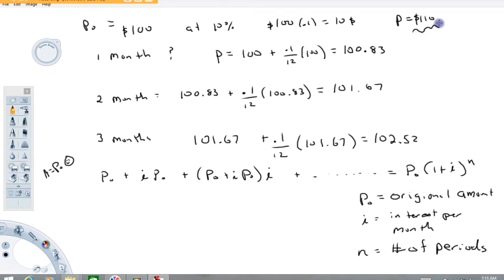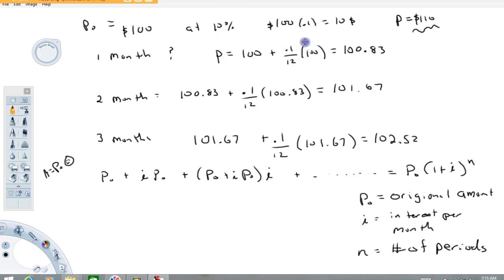For the rest of this discussion, though, we're going to break this down into a monthly deal. What's happening each month? We've got $100 invested at 10% interest, and I'm going to walk through what we would have after 1 month. The way interest works is that if you get 10% per year, the amount per month would be 1/12 of that.